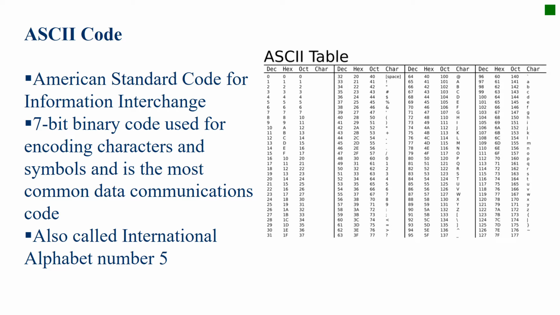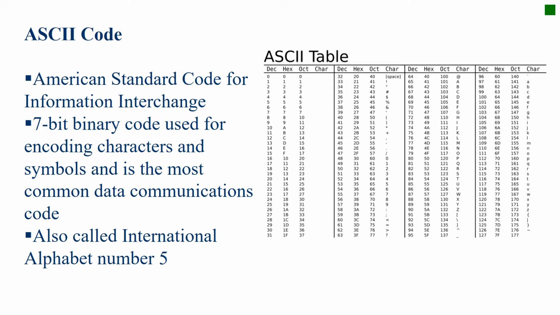On your right is an example or list of the ASCII codes. Okay, however, in this table, the characters and symbols are only represented in decimal, hexadecimal, and octal. But in actual, an ASCII character is represented as a 7-bit binary number. So you need to translate these decimal, hexa, or octal numbers into binary for you to be able to know the ASCII code of a certain character or symbol.